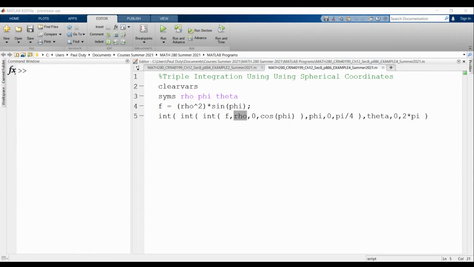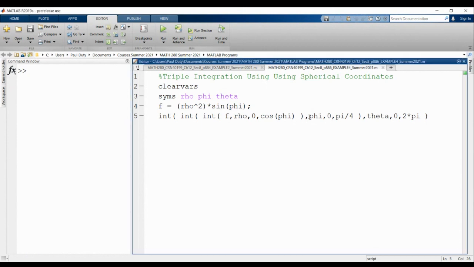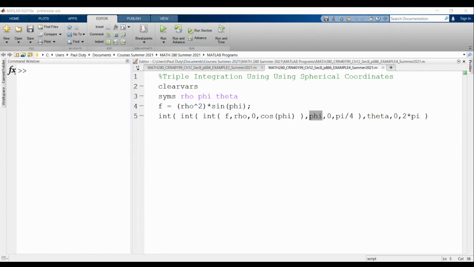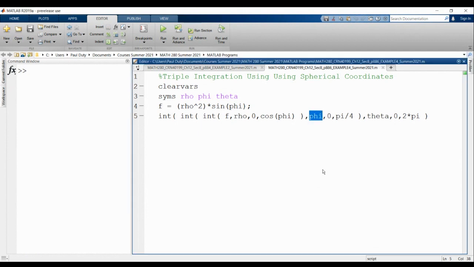And now the second integral is with respect to phi, and the limits are 0 and pi over 4. And then finally, you've got theta as your final variable.